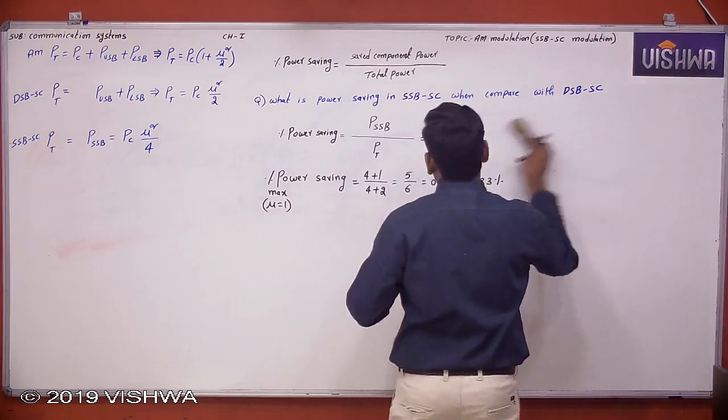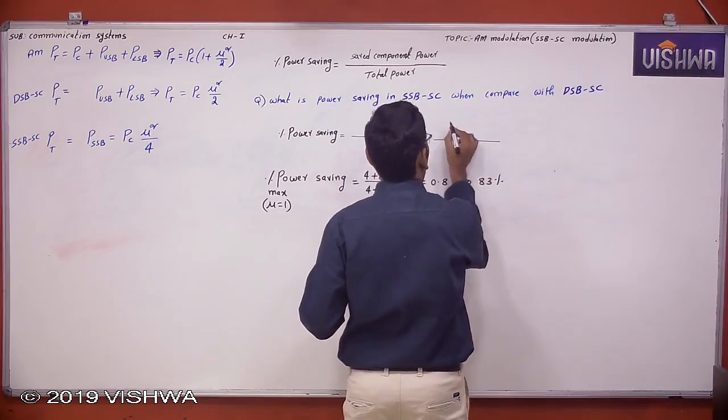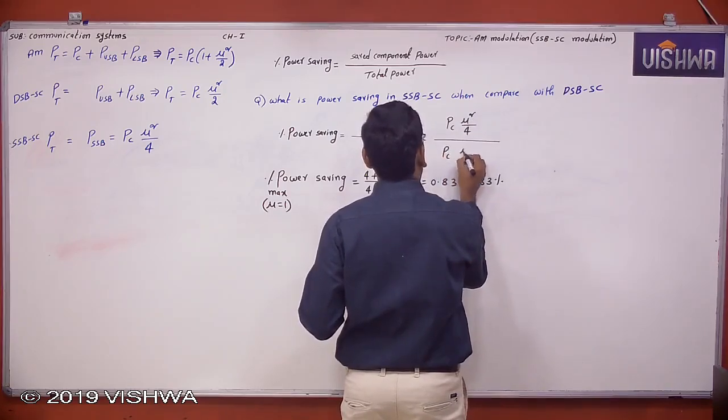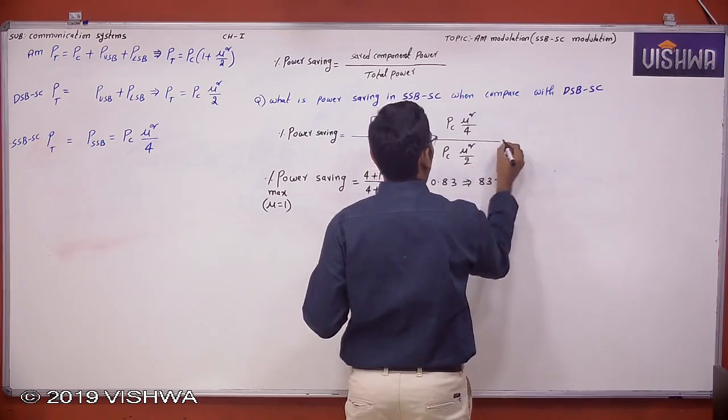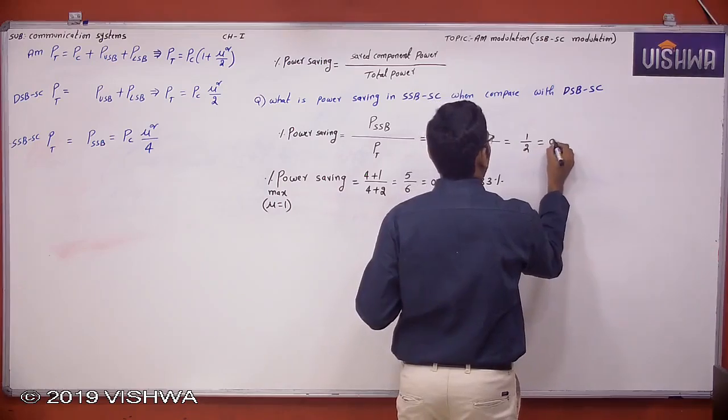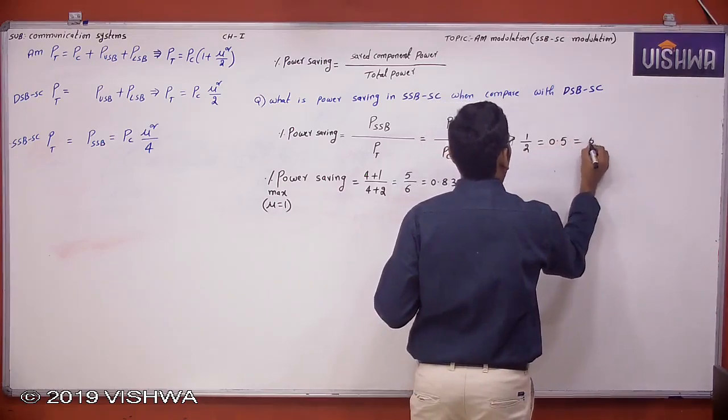One single sideband power is Pc into mu square by 4. The total power is Pc into mu square by 2. Pc cancels, mu square cancels, 1 by 2, which is equal to 0.5, which is 50%.